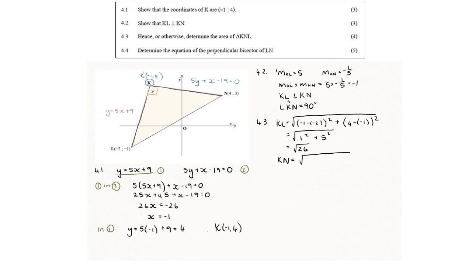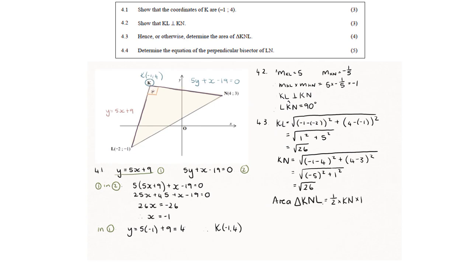Then we determine the length of KN, which is equal to the square root of (-1 minus 4) squared plus (4 minus 3) squared. This gives us that KN is also equal to the square root of 26.